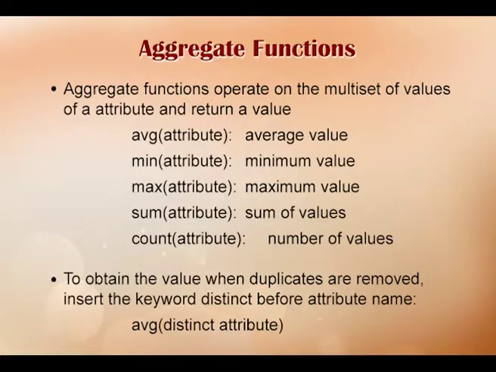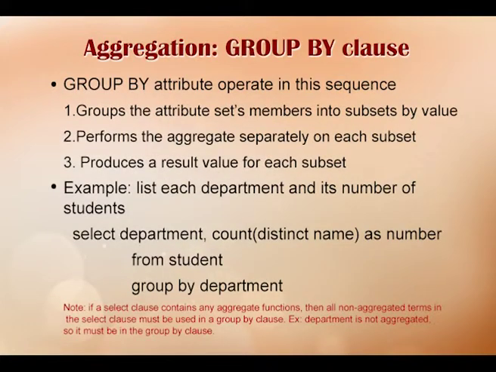Then you can have aggregate functions. Suppose you want to find the average of all the salaries in a salary table: average is the value, minimum, maximum, these are some of the aggregate functions that one can use along with the query. Then you can group also, using the group by attribute.